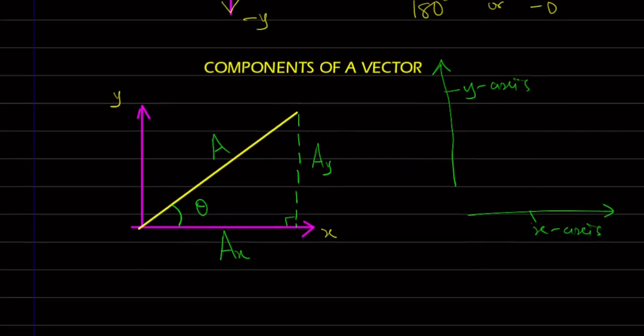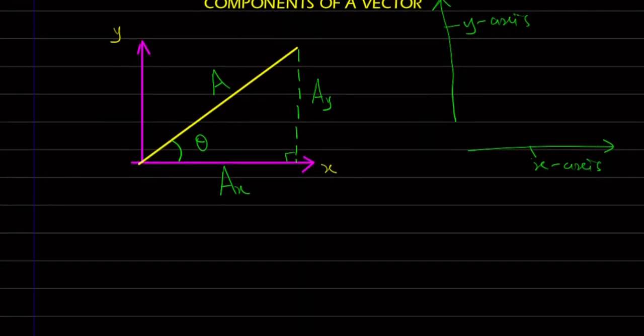Now we can simplify this diagram by saying sine theta becomes opposite over hypotenuse. Opposite is where the angle is facing. The angle is facing AY, so we have AY as opposite over hypotenuse. The hypotenuse is the vector itself.